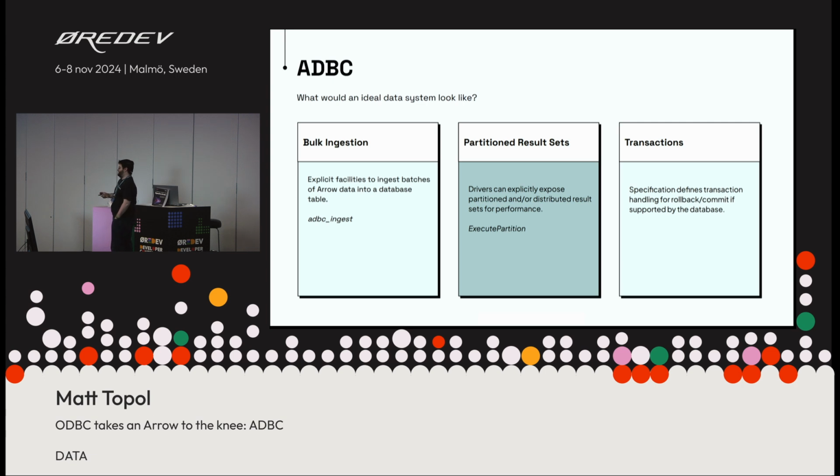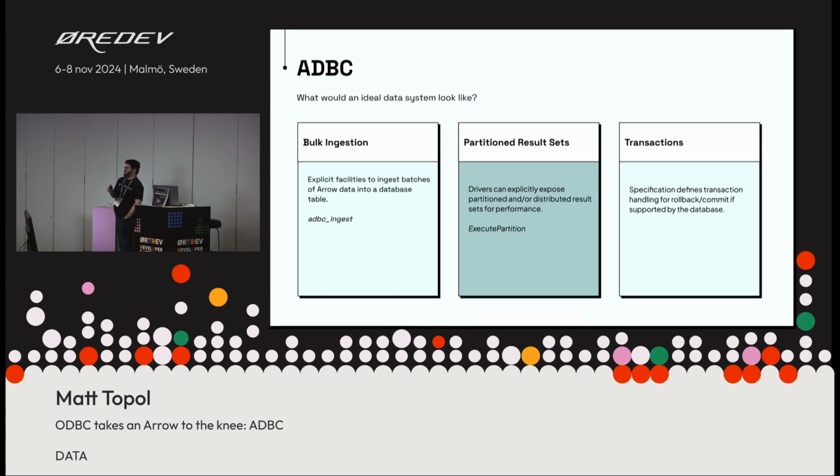Which then means, when you think about it, you can load an ADBC driver, connect it to DuckDB, load another one connected to, say, Postgres. You can do a query to select from DuckDB and do ADBC ingest and just stream the result into Postgres, or vice versa.